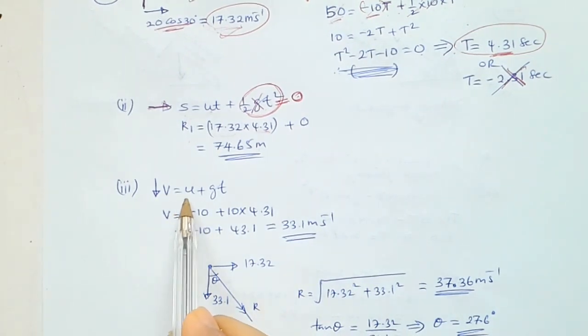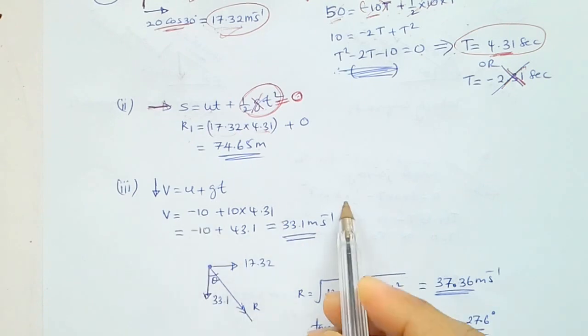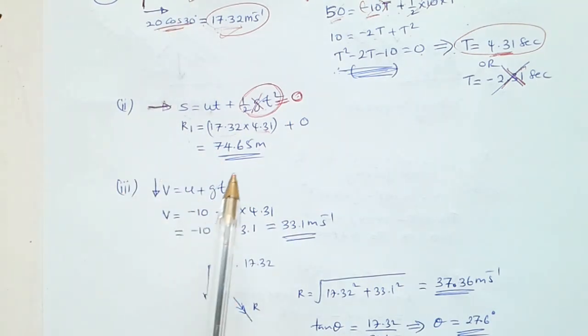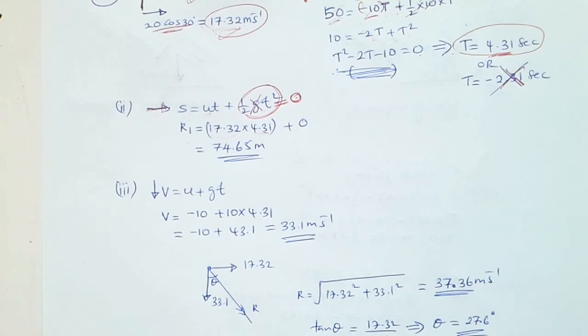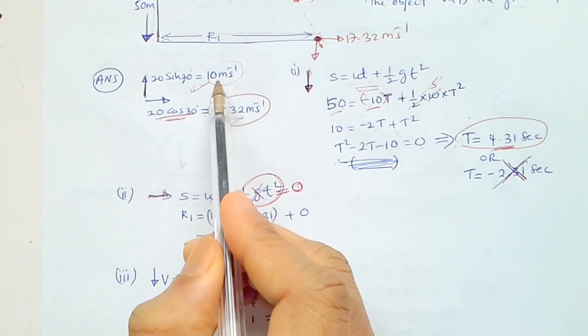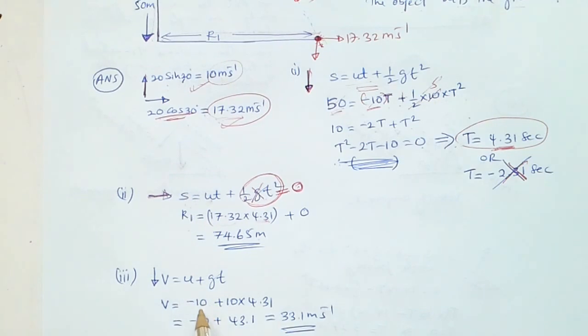How do you find it? I'm going to use v equal to u plus gt. I need to know the final speed, and the initial speed is, remember, minus 10, because we throw the ball at 30 degrees with 20 meters per second, so we divide the velocity components. The upward component we got is 10, so if you want to use this downward, I need to put minus 10 meters per second.